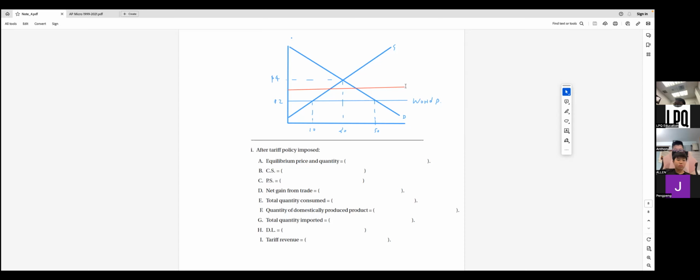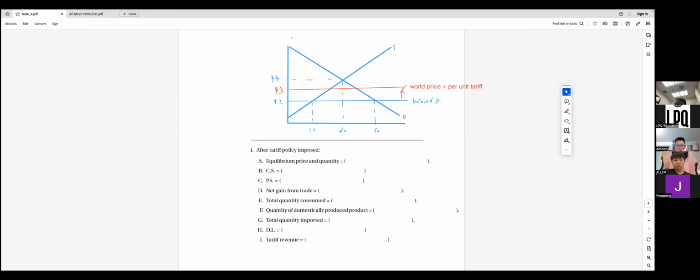So we label this line by world price plus tariff, per unit tariff. Okay, assuming the per unit tariff equals $1 per unit. So that means that the new price is $3, right?